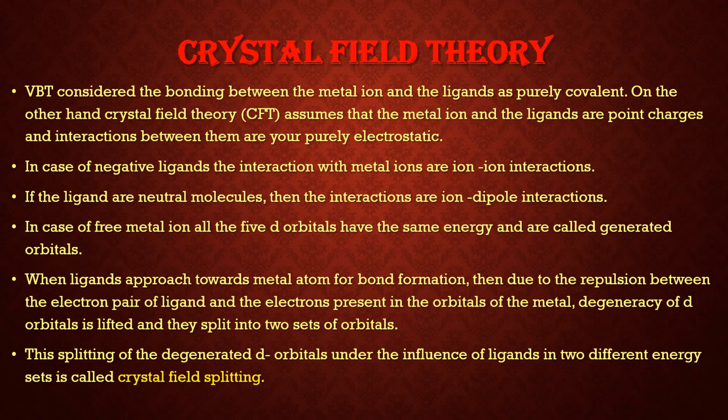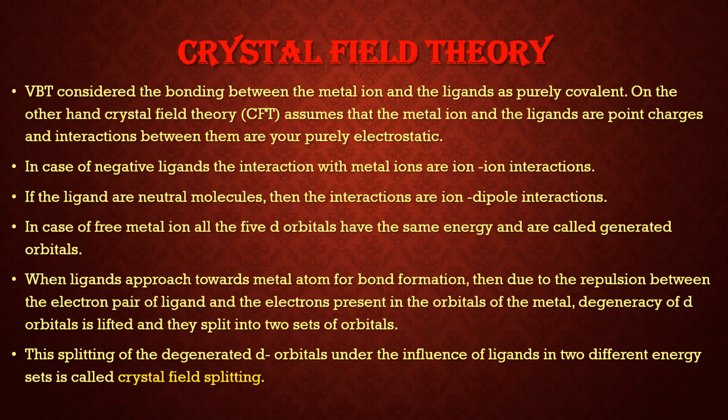And if the ligands are neutral molecules, then this interaction is called ion-dipole interaction. Now, whenever the metal ion is free, that is not under the influence of the ligands, then the 5 d orbitals have the same energy and these orbitals are called degenerate orbitals.